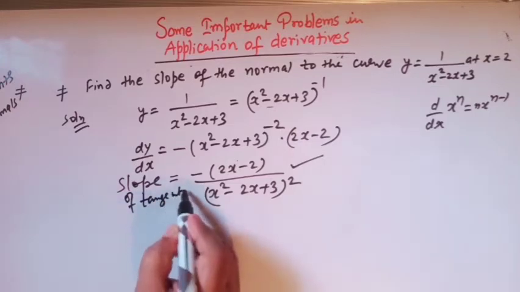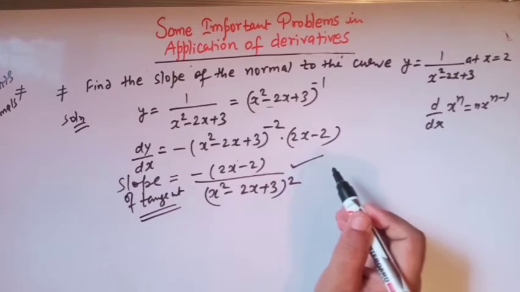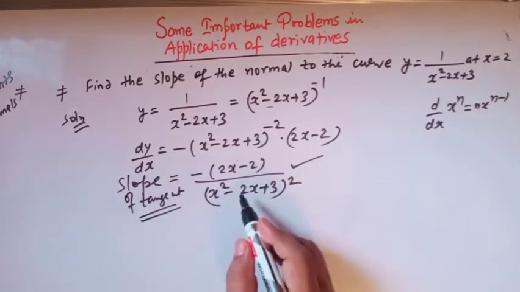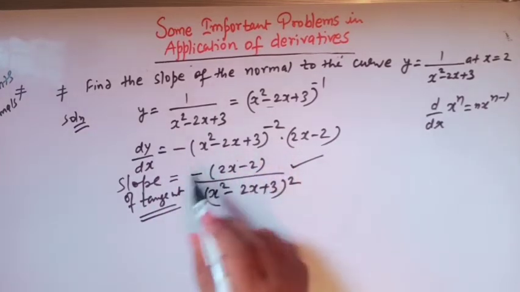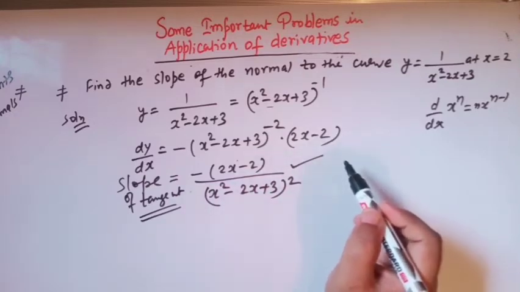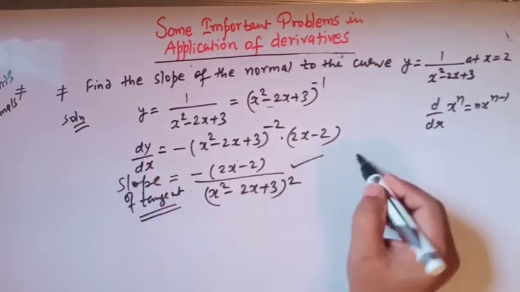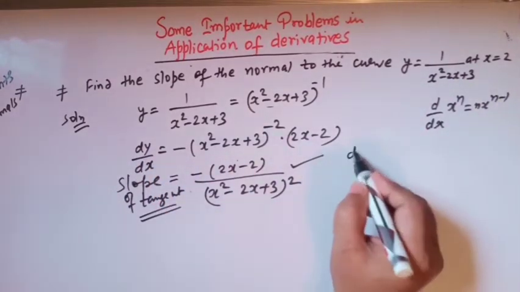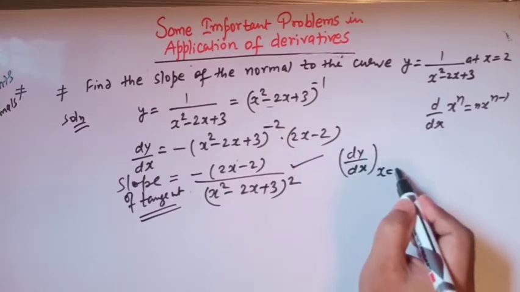Always remember, this is the slope of the tangent, and if we have to find the slope of the normal, then we will take the reciprocal of this expression and multiply it by minus 1. So now let us find the value of dy over dx at x equal to 2.